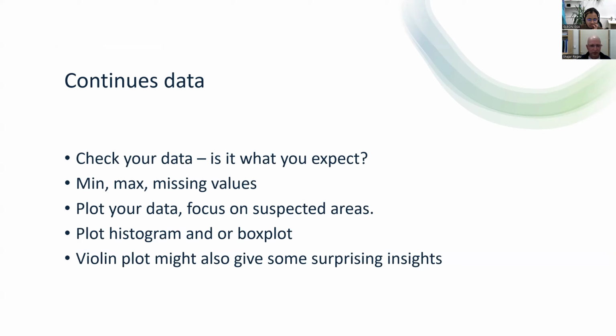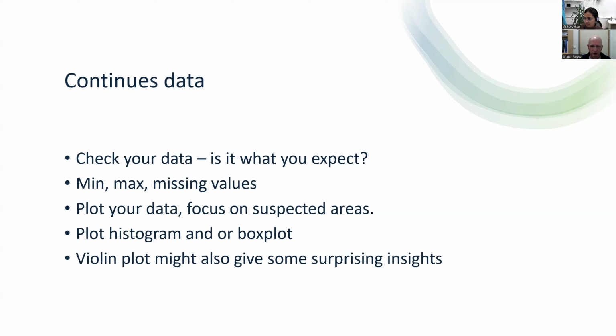Okay, so now most of your data is continuous. So my recommendation is check your data. Is it what you expect? So you have to look at it in different ways and see if it corresponds to your expectations. Look at mean, max, and missing values. Plot your data. We'll do three exercises about it.